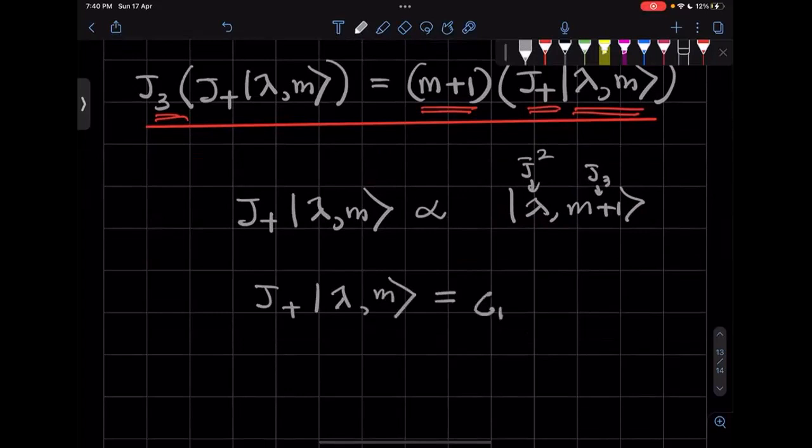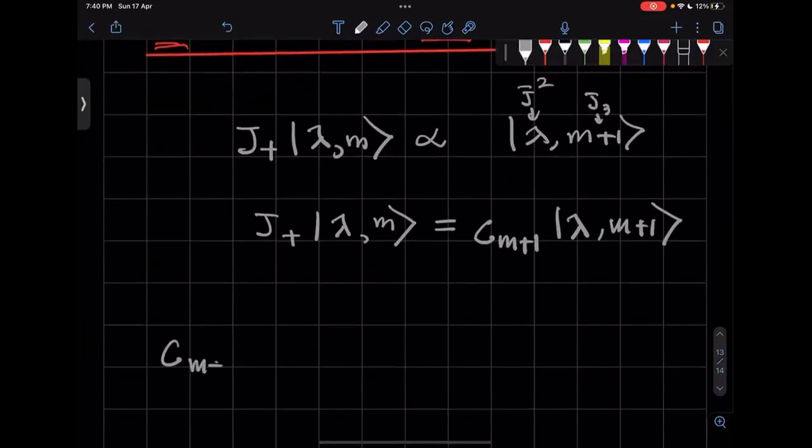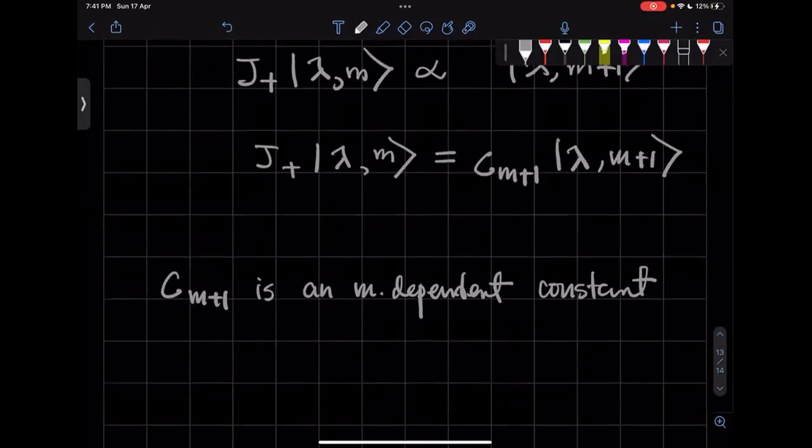Let's call it C m plus 1, times |λ, m plus 1⟩, where C m plus 1 is an m-dependent, non-normalization constant of proportionality. And we shall see it actually depends on λ as well, but that's not what we're worried about right now.